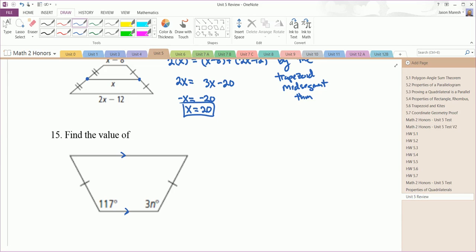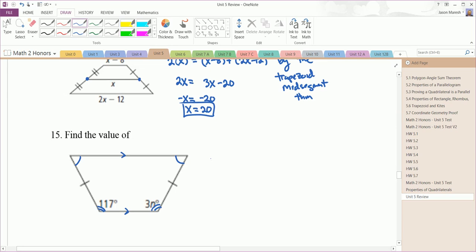What we know about isosceles trapezoids is that the base angles are congruent. So both of these angles are congruent to each other. Also, both of these angles are congruent.